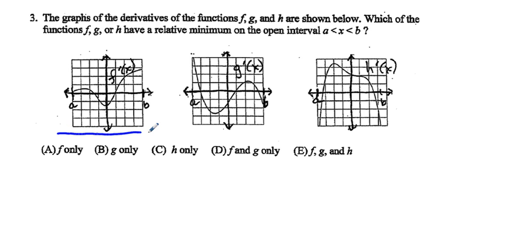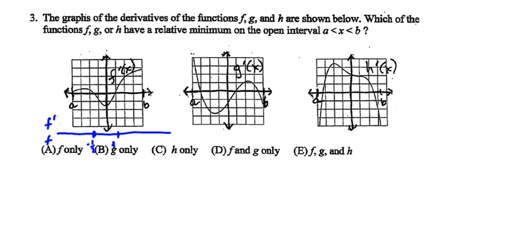We look for our critical numbers, which are where f prime of x is 0. So it looks like we have a critical number here at about -1.5 and also at 1. And we'll put f prime above, f below.